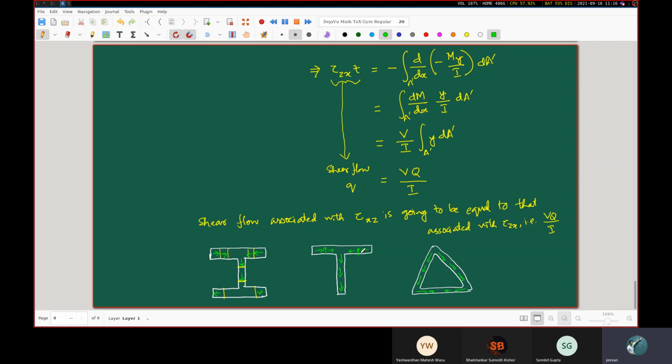Okay, so the general understanding is like this, that for these kinds of shear flow distributions, you have to remember, first of all, that the way that we are depicting them and understanding them, they work only and only if these walls are thin. Okay, this is extremely important to note.